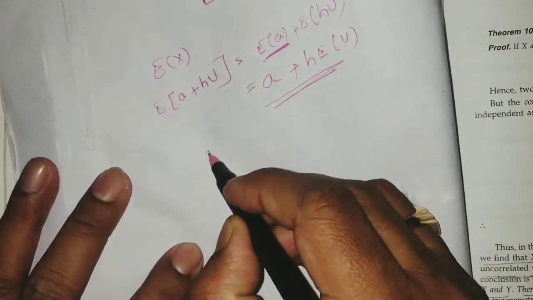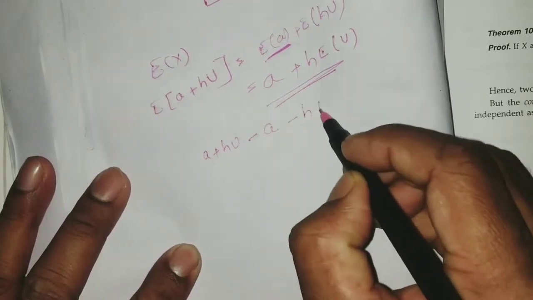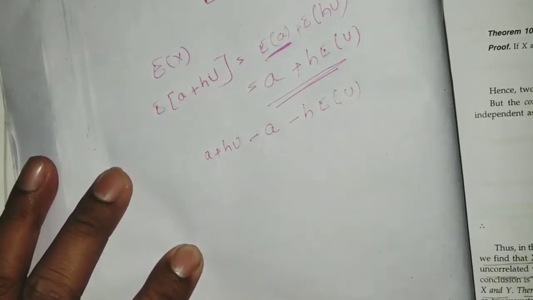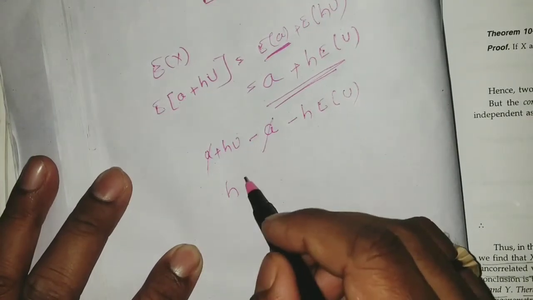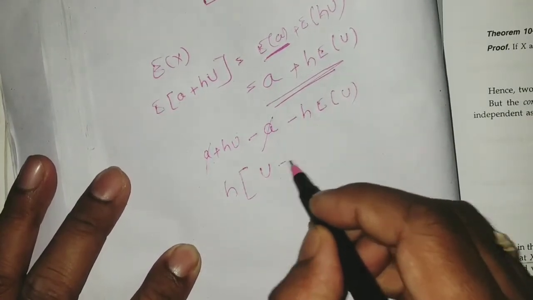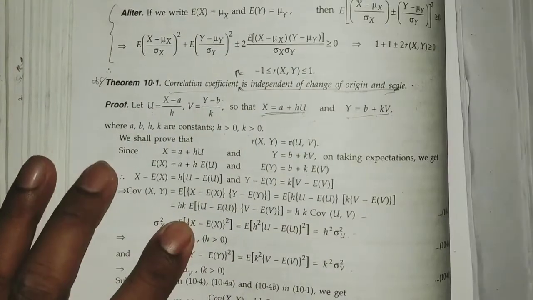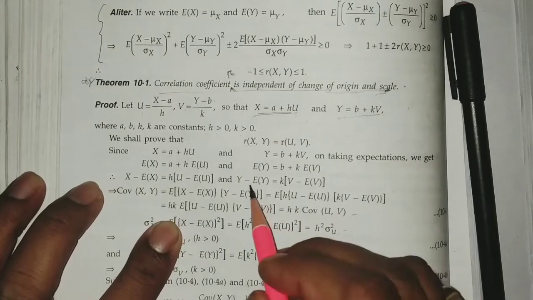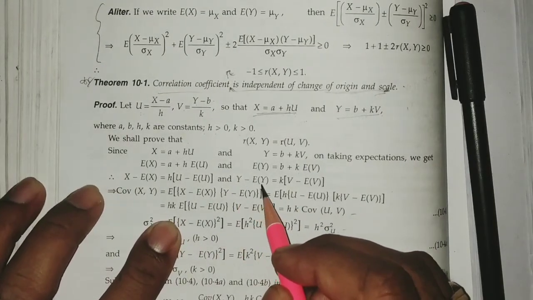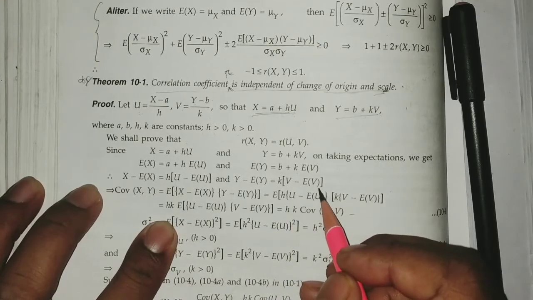So a plus hu minus a minus h times the expectation of u, right? So the a cancels. If I take h as common, then it is u minus the expectation of u, right? Same thing has been written. Now similarly, y minus the expectation of y will be k times v minus the expectation of v, right?